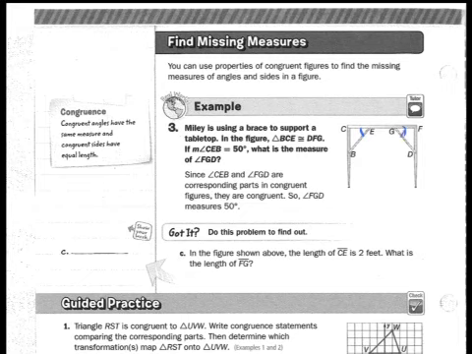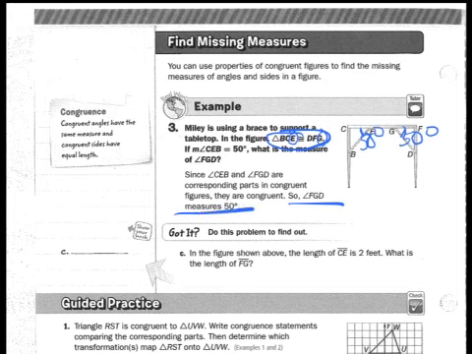FGD, we're talking about this angle right here. Well, I know from the congruent statement that they give me, I know that angle E is congruent to angle G. So if angle E is 50 degrees, then that means angle G is also 50 degrees. So that's the missing angle measurement.